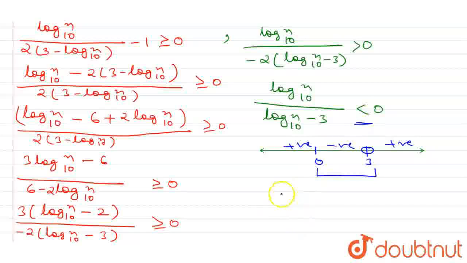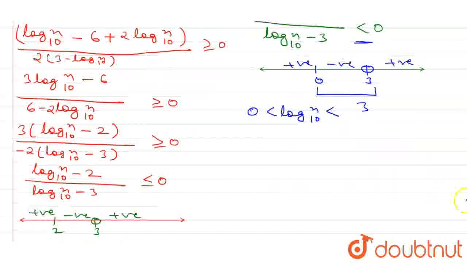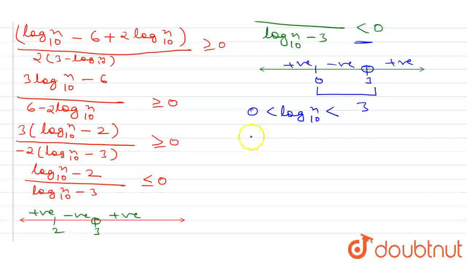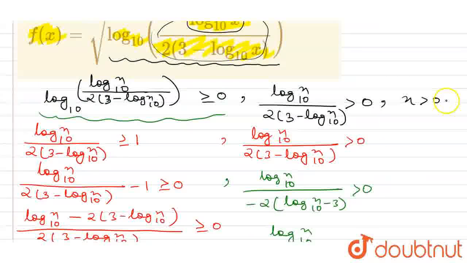So from here I can say that log x to the base 10 lies between 0 and 3. On taking antilog I can write 10 power 0 is less than x is less than 10 power 3. So this is the domain of this function.